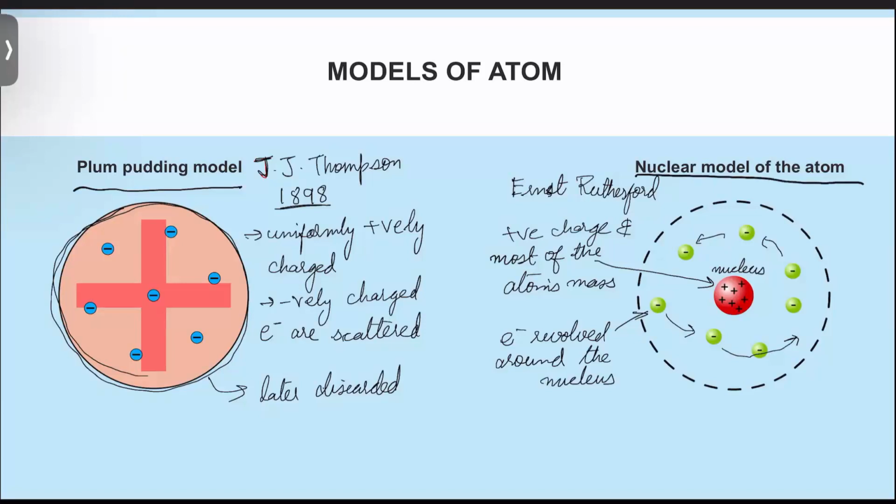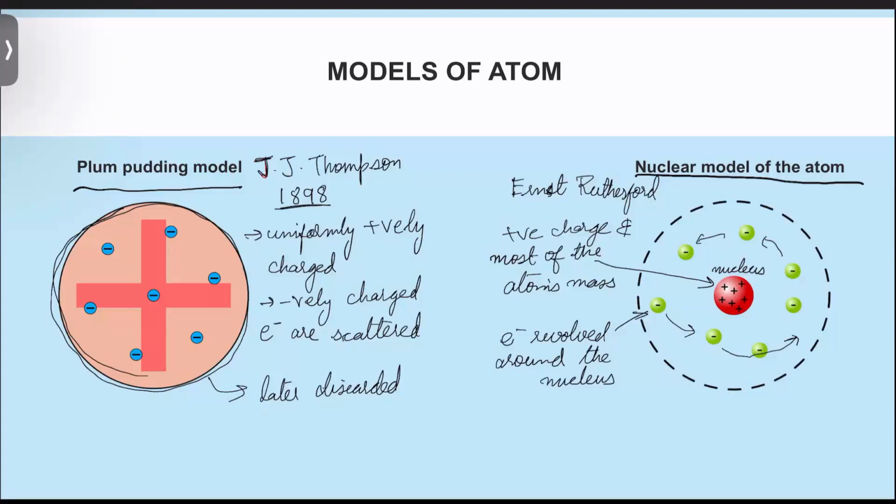Rutherford's understanding of the nuclear model of the atom was a step forward towards what we consider today's atomic model. But there were some disadvantages to this model. One of them was that it could not explain how atoms emit light at certain wavelengths only.